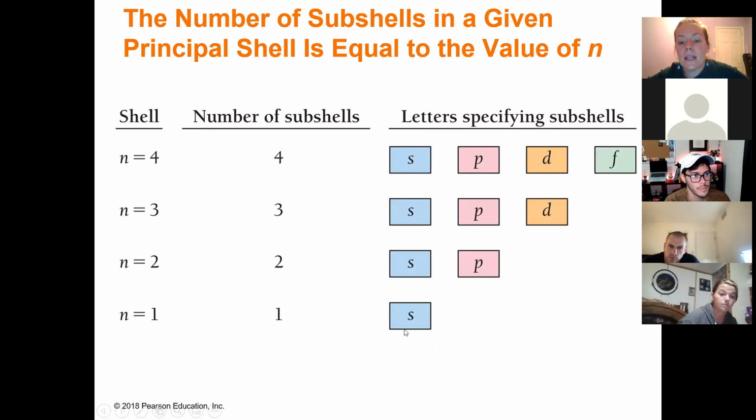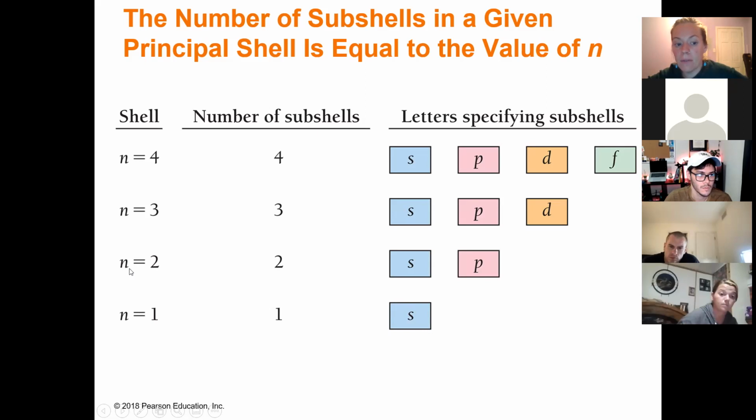As far as the different types of shapes and the energies, the lowest energy shell, the one that's closest to the nucleus, will only have the S shape. If you want to think of these as floors on a building, this is a building that's sort of lopsided. So it's narrow at the bottom and wide at the top. So the first floor can only have this S shape.